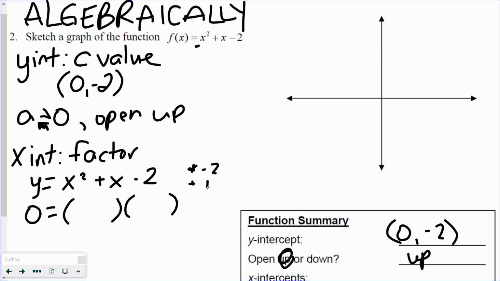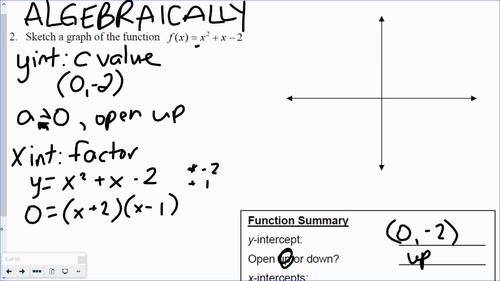If they multiply to a negative, one needs to be positive and one needs to be negative. And since it adds to a positive number, we know it's going to be +2 and -1. So again, this is just factoring by inspection that we practiced.